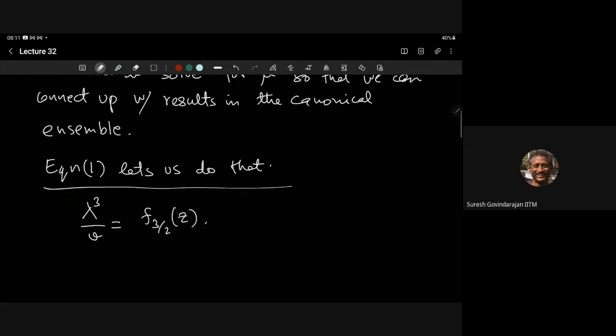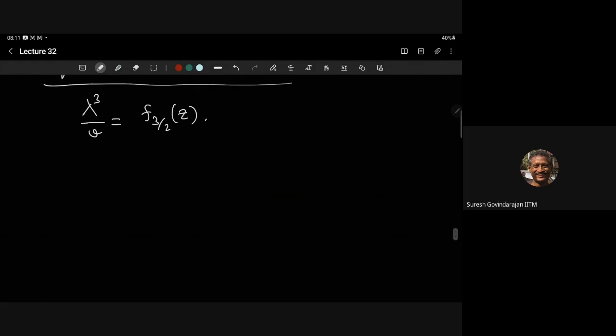Before that, we need to ask what limit we need. The key point here is low temperatures, and we have to define what we mean by low temperatures, which will come out naturally.